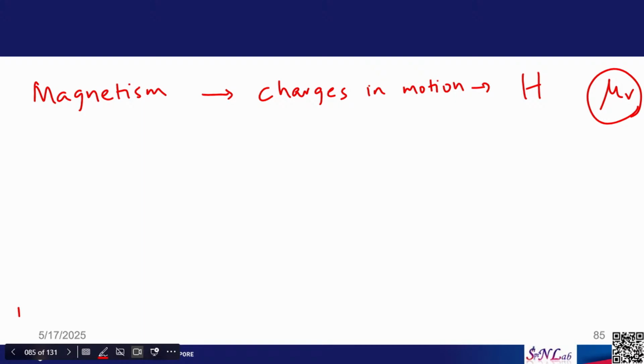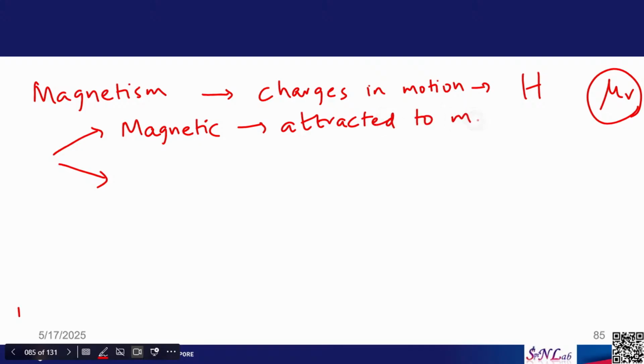Then secondly, we started learning about different materials. I told you that in layman terms there are only two types of materials. A layman calls a material magnetic when it gets attracted to a magnet, and if the material does not get attracted, a layman calls it non-magnetic.